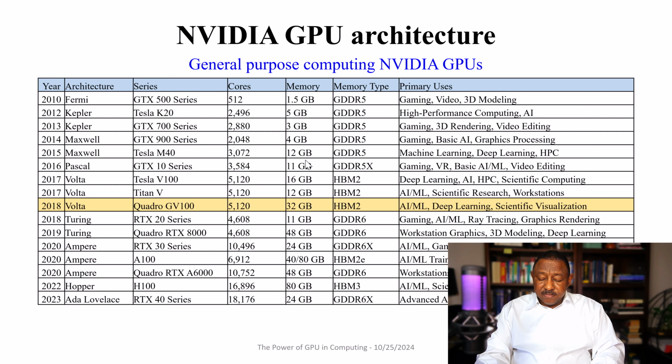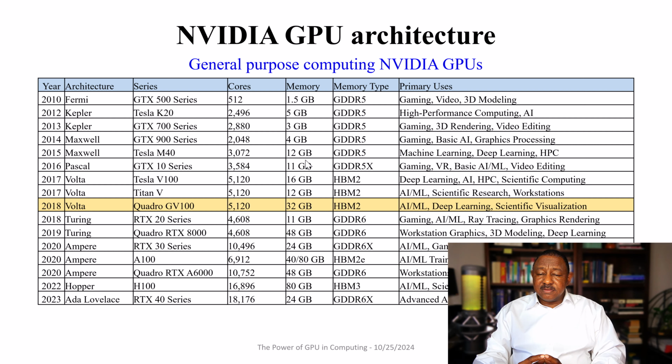There are many, and we always have to think not only about the architecture, but we also have to check the number of cores, because each one has a specific number of cores. If you see here, the Volta Quadro GV100, this is the one that we have.